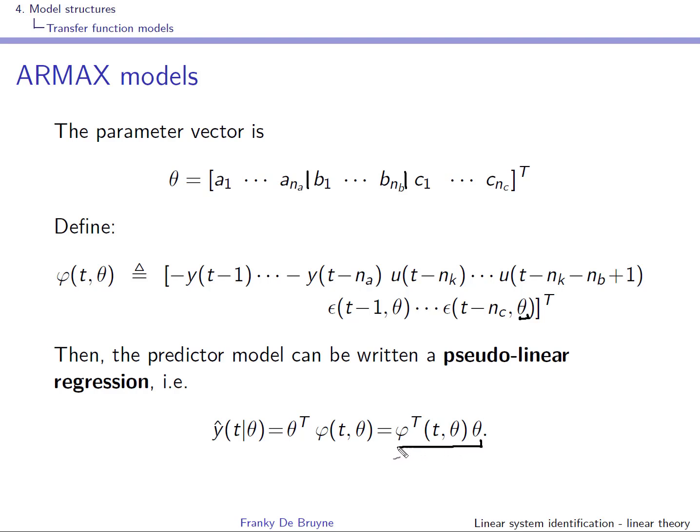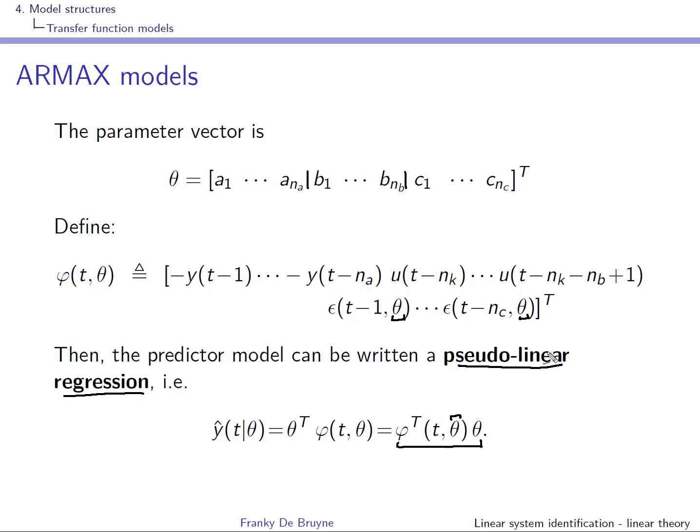And you see a major difference with respect to the ARX model is that now the regression vector is theta dependent. Okay, so you cannot write the one step ahead prediction as a linear function of the parameters because of this dependence, and this is why we call this a pseudo linear regression.